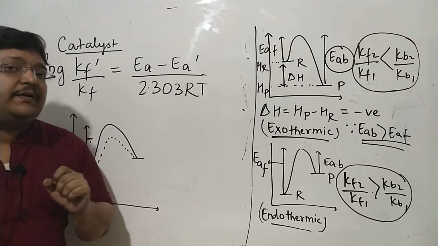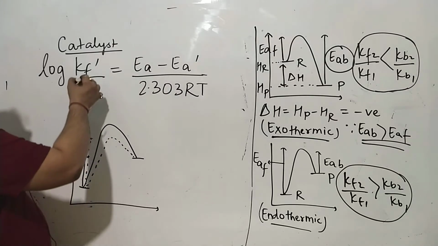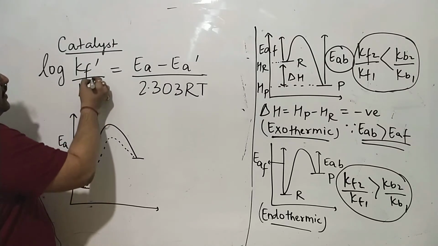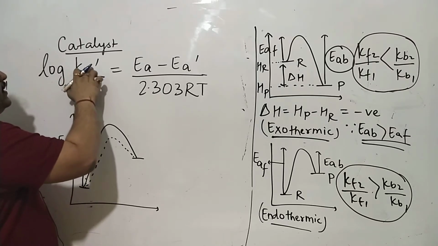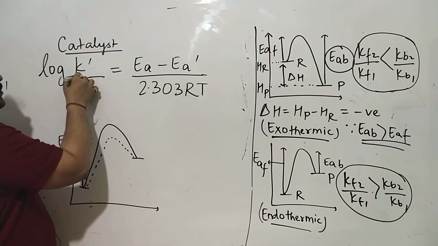How does it affect the equilibrium? Now this time, because of the change of K, instead of Kf, I should write K here only. I've got used to equilibrium now, I'm sorry. This would be K prime upon K only, no Kf.